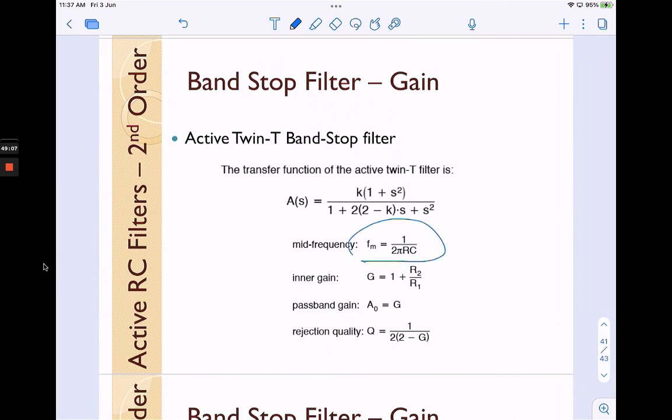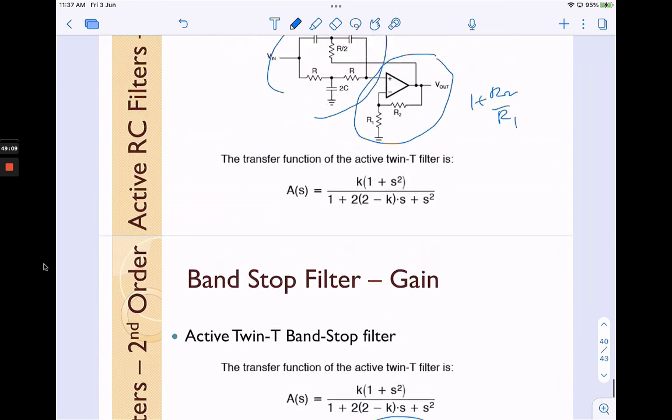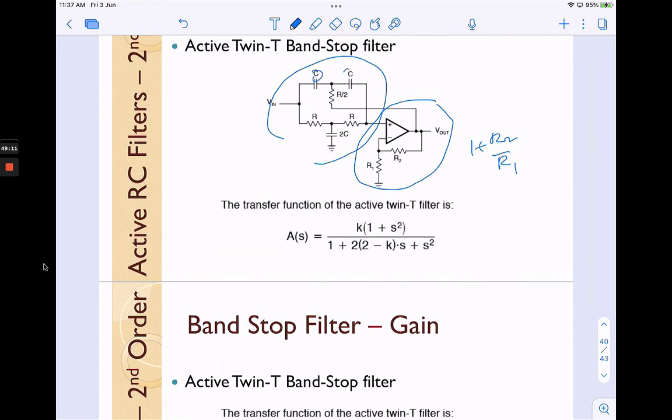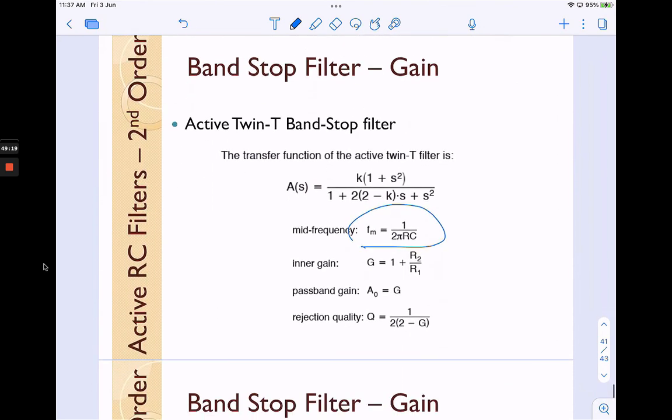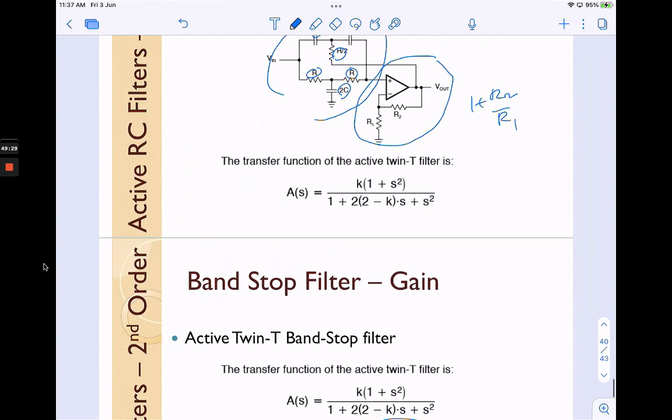Again, it's about the same. If you use the same value for C, C, R, R, R, C, then you can easily determine the mid frequency or center frequency. And this is the gain, 1 plus R2 over R1, given by this portion.